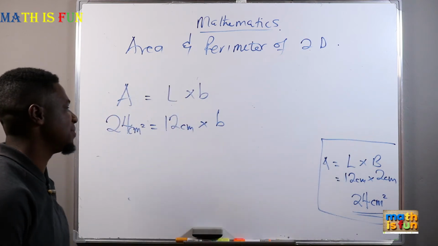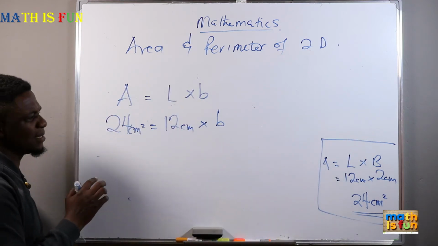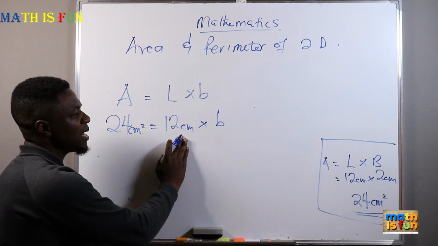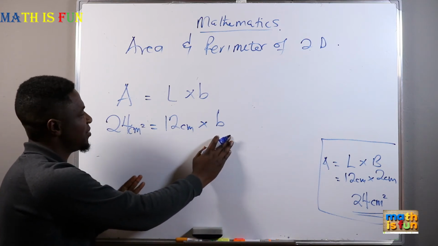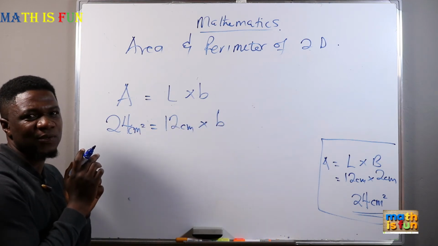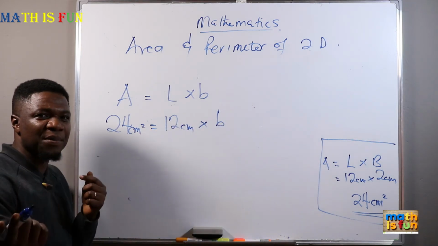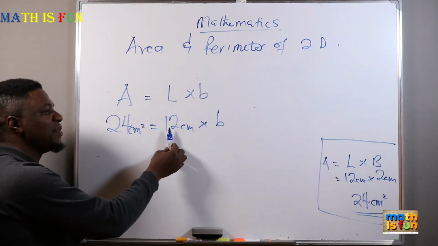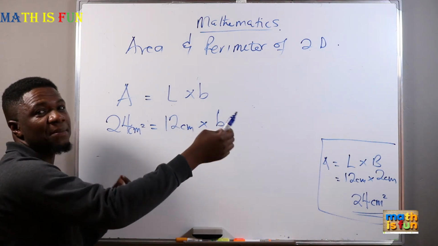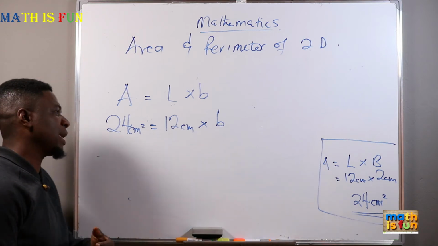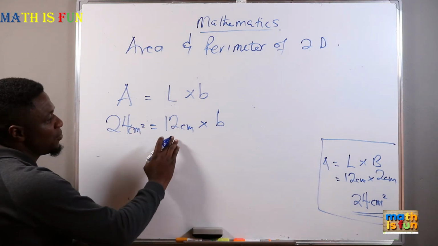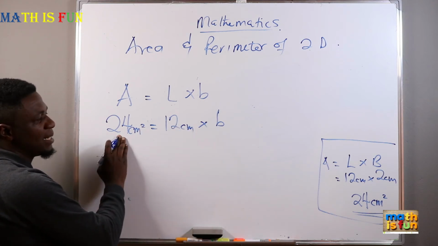Okay, so let's see. In this particular instance, from how I understand this, if 12 multiplies a particular number in algebra, we get 24. What is that number? Okay, so if we are looking for that number, remember in algebra we said that if a number multiplies a variable, it becomes what? This one, 12 multiplied by b, will be 12b. Okay, so not going to algebra here. All that we have to know is that if we multiply this by this, we get that.